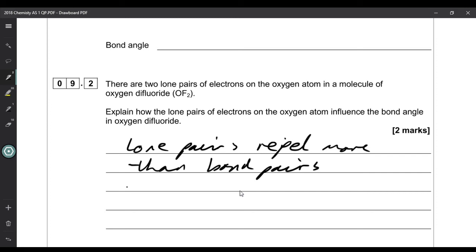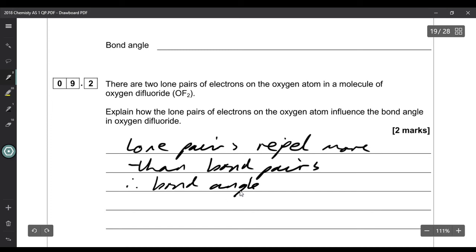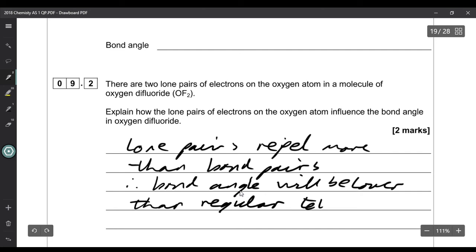So therefore, the bond angle will be lower than regular tetrahedral, because they're being pushed together because of those more repelling lone pairs.